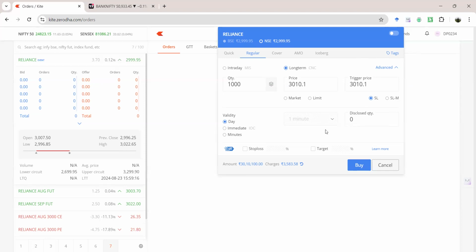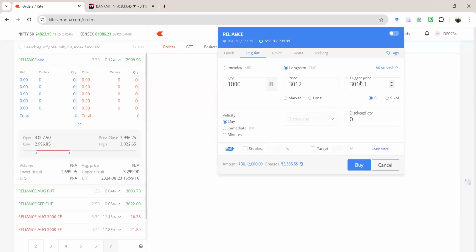So when we are using a stop loss limit order, to make sure that our order will get executed, we have to add some margin. Some margin means some space. Suppose Reliance has very good liquidity. As you know, Reliance has very good liquidity. 1000 shares can very well get executed within a 2 rupee limit.